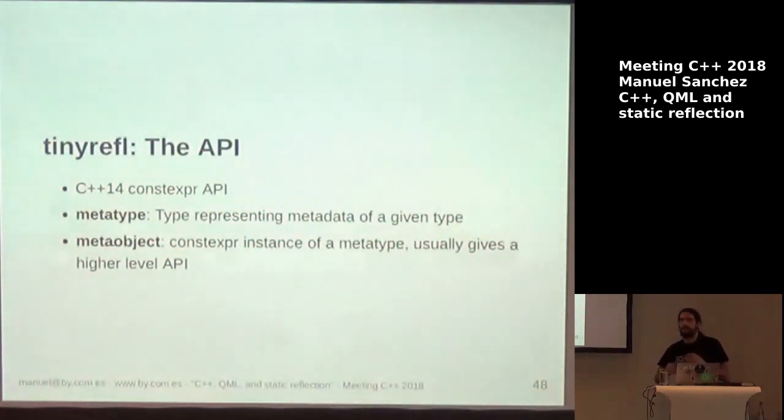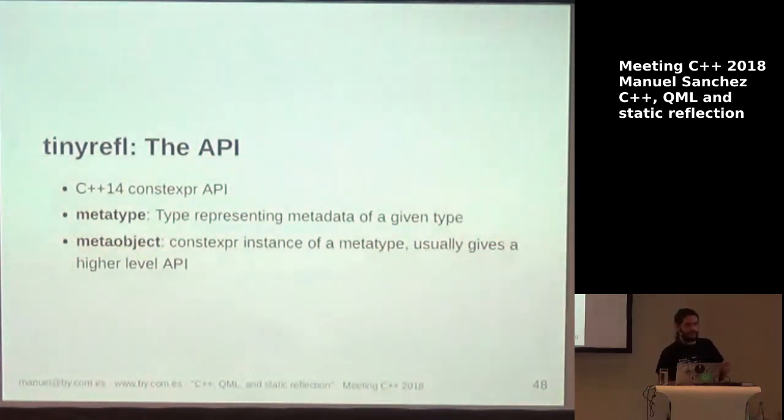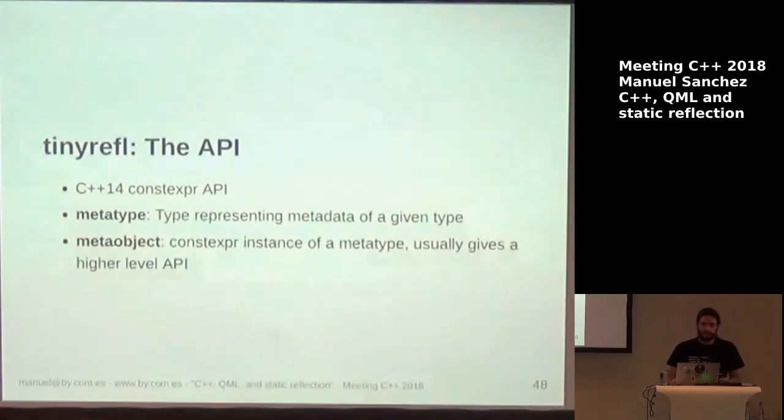For example, a class foo has a type associated with it that has static constexpr members like its name, aliases, so typedefs like a list of its base classes, a list of the meta types of the static member functions, whatever you need. And at the same time, you can construct those meta types directly, so you have a more fancy object-like API.